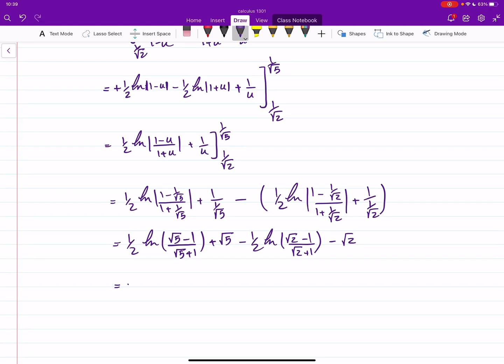This will give us ln of the square root of, so I'm putting all the properties. Here you can do it one by one and you will get the root. And then this is root 5 plus 1, and then times root 2 minus 1. Okay, that will be the first term.